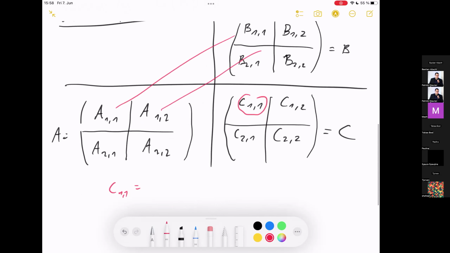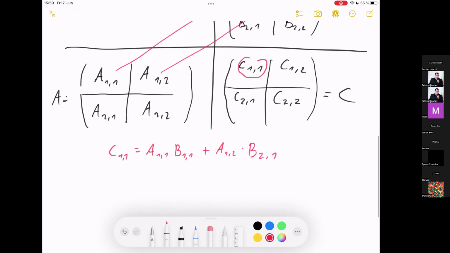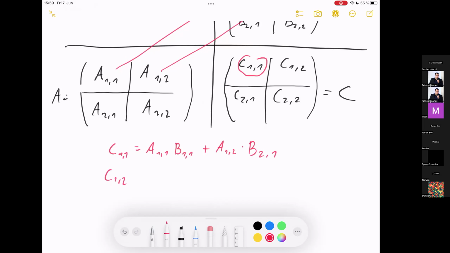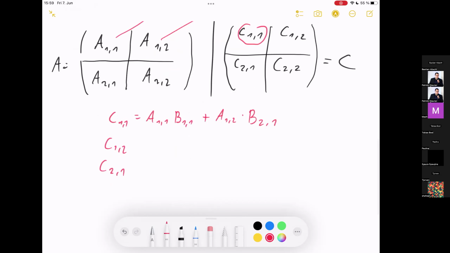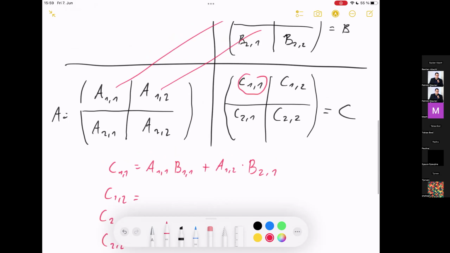So it's A11 times B11 plus A12 times B21. And we could be doing this now for C12, C21, and C22 as well. You can very easily do this on your own if you wish. You will also see the solution in the slides.